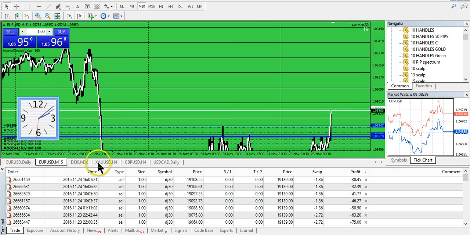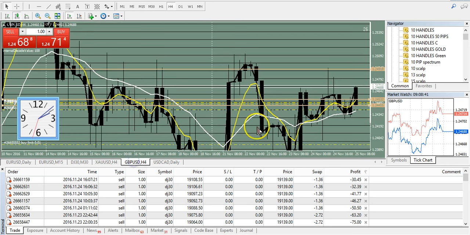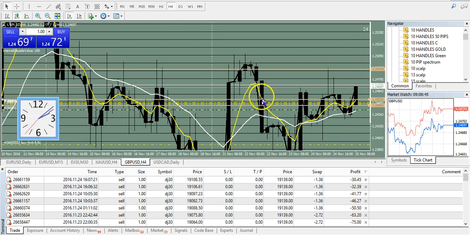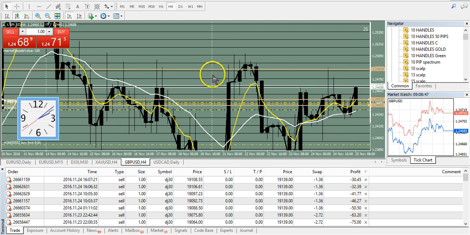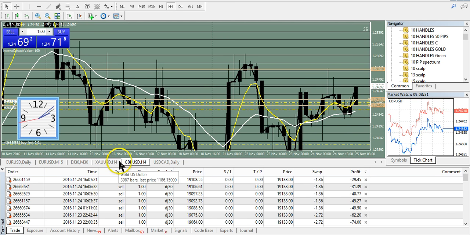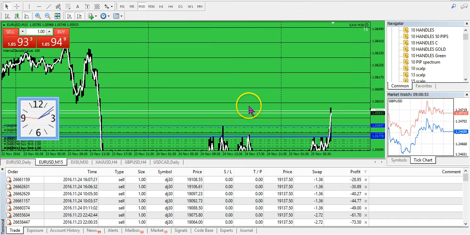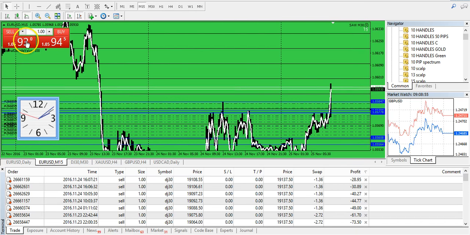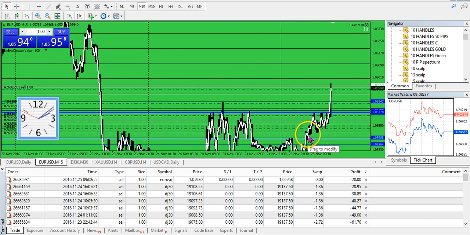British pound. This is going to be the hardest move up. Think about it, 1,000 pips down. Sell here, right? Sell for a scalp.